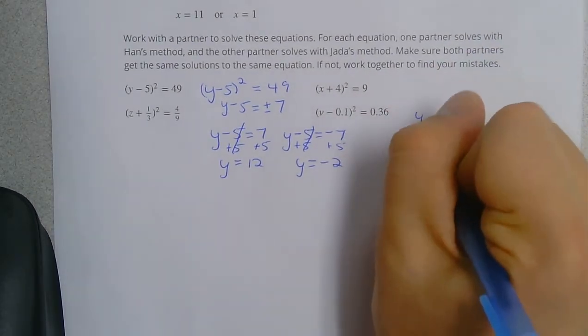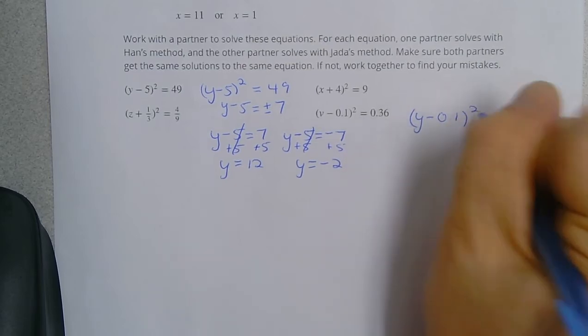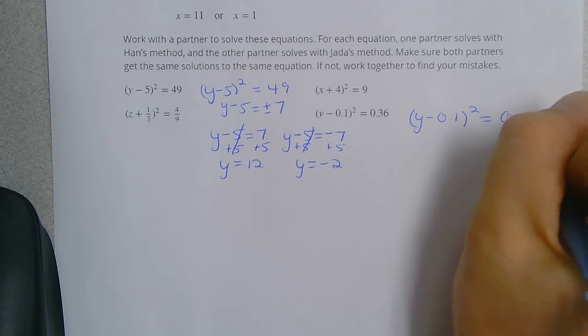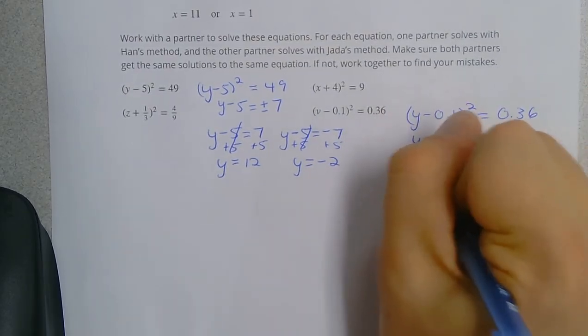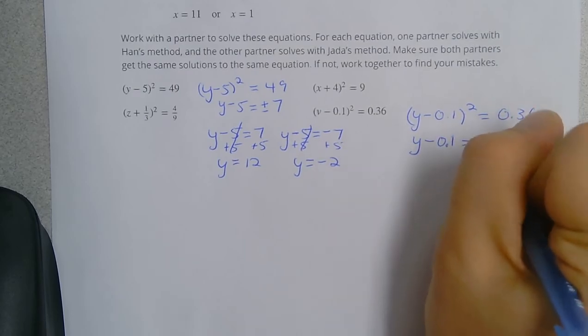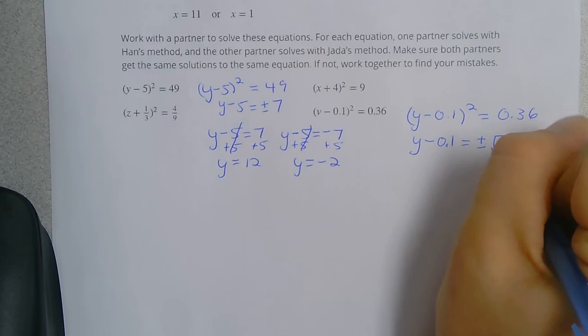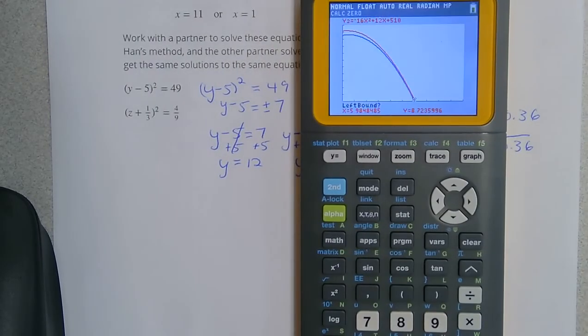So if I have y minus 0.1 squared equals 0.36, I'm going to take the square root of both sides. So y minus 0.1 equals plus or minus the square root of 0.36. Then I'm going to use a calculator for that.